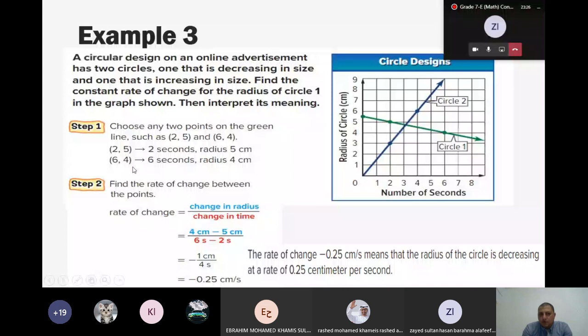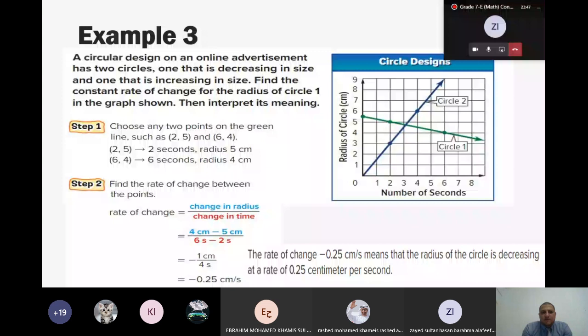If you start with 4 minus 5 in the numerator, you start with 6 in the denominator. If you start with 5 in the numerator, you start with 2 in the denominator. It doesn't matter which point you start with, but whichever you choose, keep it first.